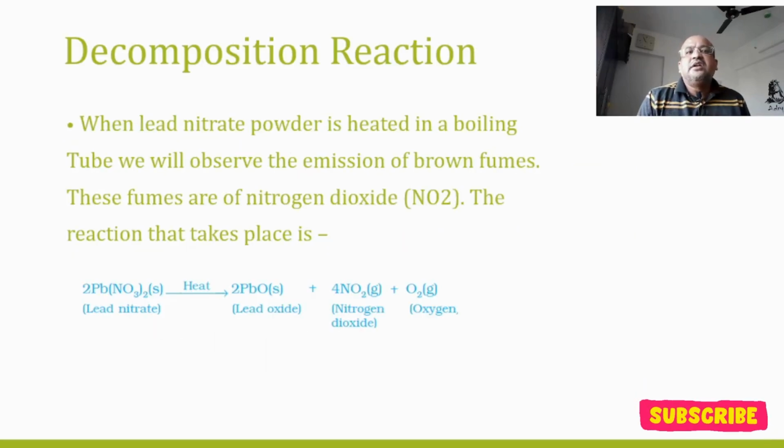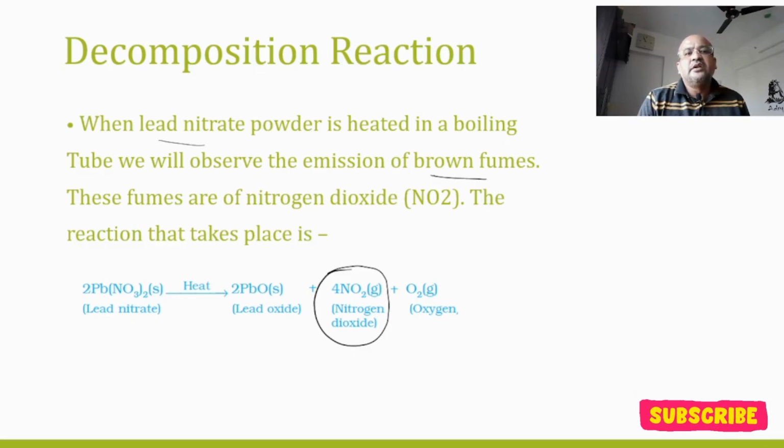Now let's talk about the decomposition reaction of lead nitrate. Again, an example. We take lead nitrate in a boiling tube, and we observe brown fumes coming out. These fumes are nothing but nitrogen dioxide.